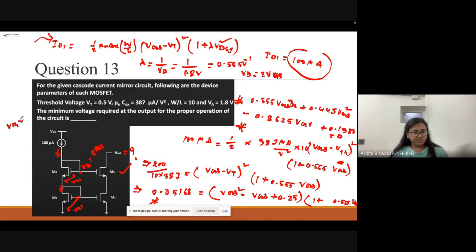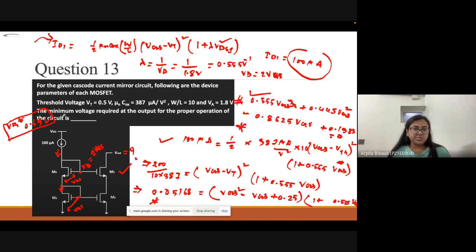From there you will get three values of VGS. One of them is coming out 0.695 volt, one of them is minus 1.7847 volt, and the third value of VGS is 0.228 volt.